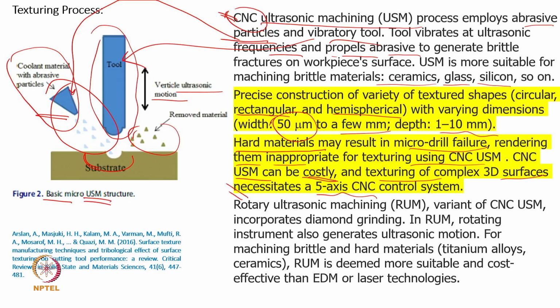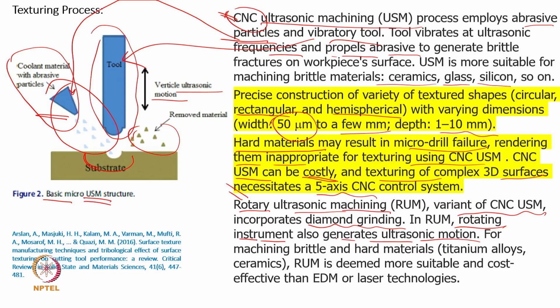An alternative is rotary ultrasonic machining. What is it? It is a kind of CNC USM variant, where they incorporate diamond grinding, and the diamond grinding itself is rotated, and they also generate ultrasonic motion.